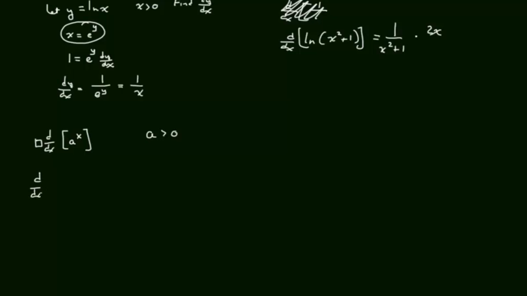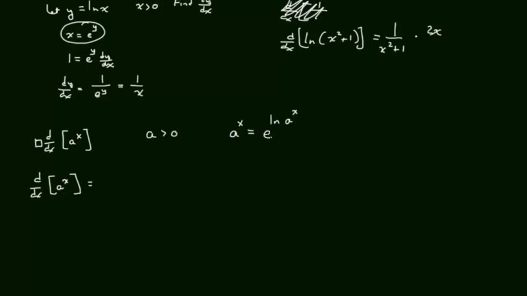And to do this, we're going to say the derivative with respect to x of a to the x. Now all I'm going to do is a little bit of algebra trickery. Let me come over here. A to the x equals, tell me if you follow this, e to the natural log of a to the x.